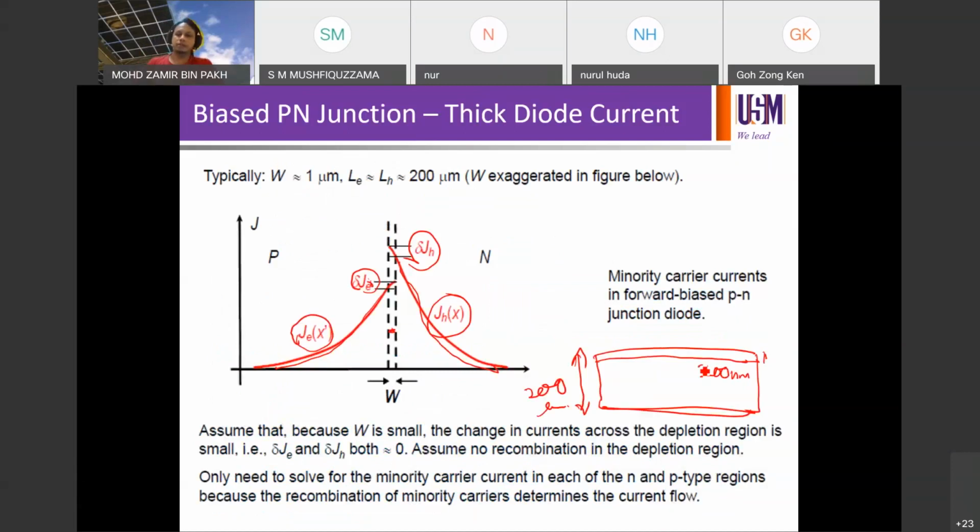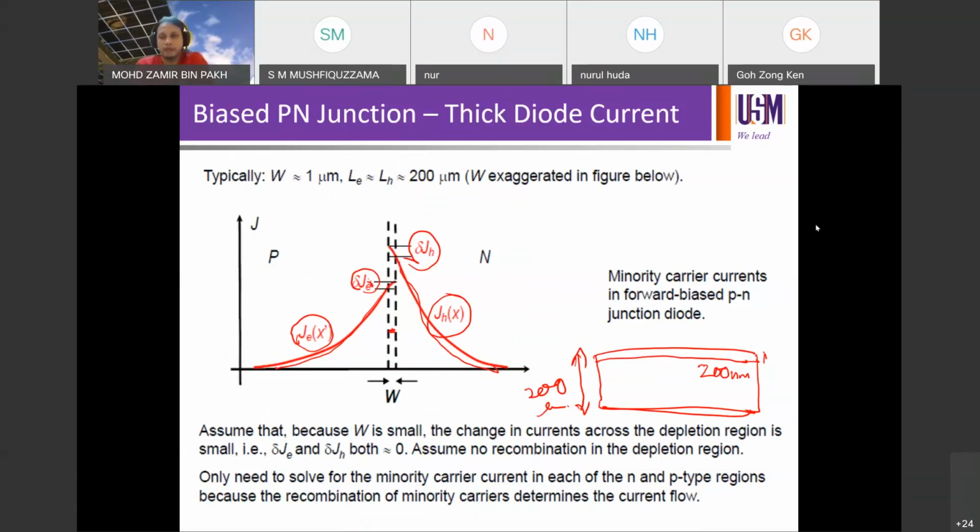This is very, very thin in comparison to the whole wafer thickness of about 200 microns. So that's about 1,000 times smaller, from nanometer to micrometer for the same magnitude of 200, so 10 to the minus 9 to 10 to the minus 6.